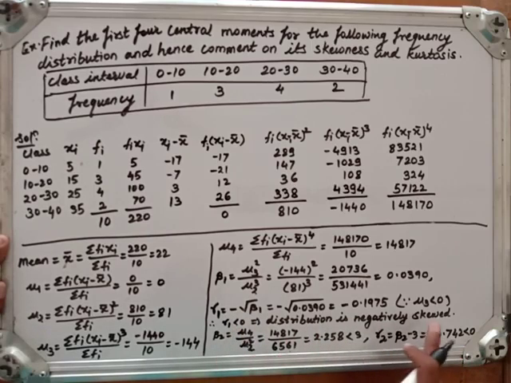Gamma 1 gives us the skewness and gamma 2 gives us the kurtosis. So here our distribution is what? Platykurtic. Here we should say gamma 2 less than 0 implies distribution is platykurtic.